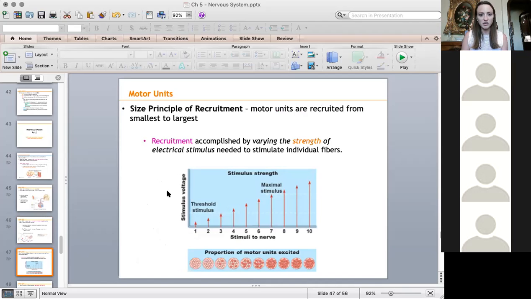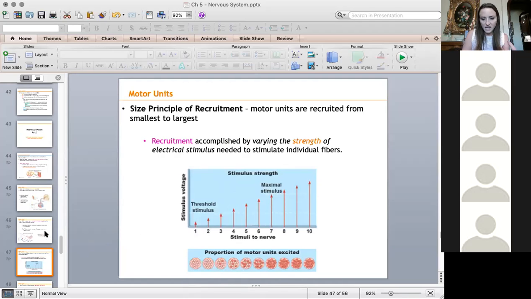So the more stimulus, the more fibers we can activate. This down here just looks at the proportion of motor units in a muscle that's activated. So if we reach the threshold, we're going to activate some fibers, but if we have more stimuli sent to the muscle, we're going to activate more fibers.